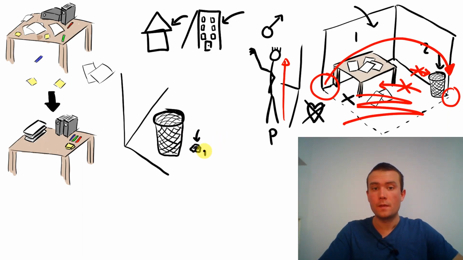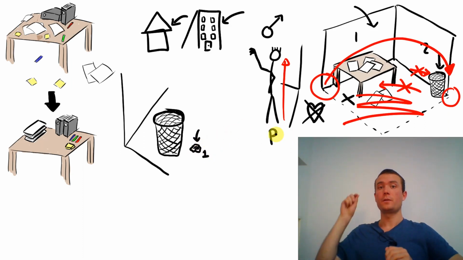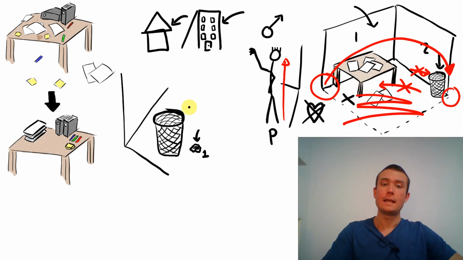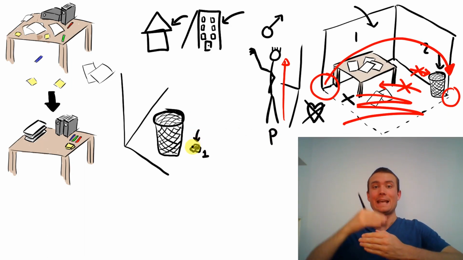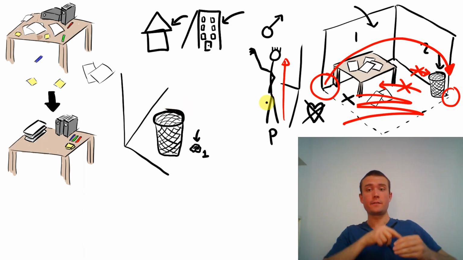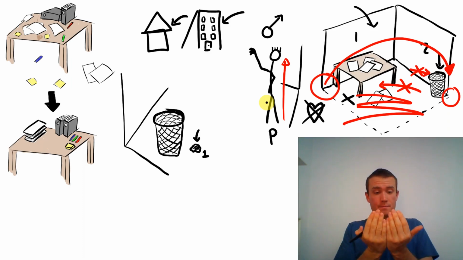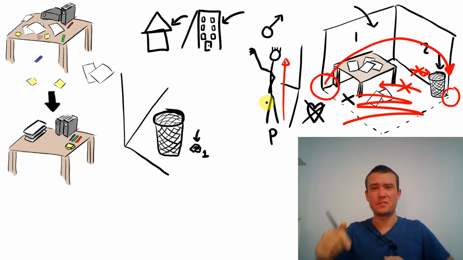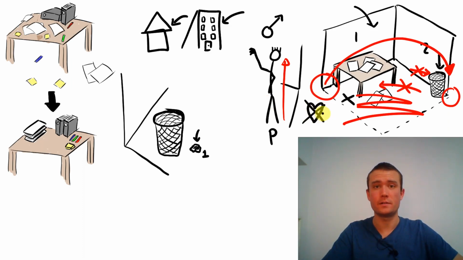So, the first piece of paper that Philip throws lands in front of the bin. It doesn't go into the bin. Philip finds another piece of paper that he doesn't want. He doesn't want it.